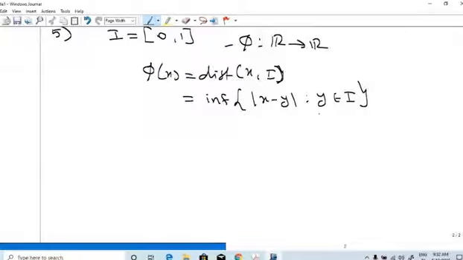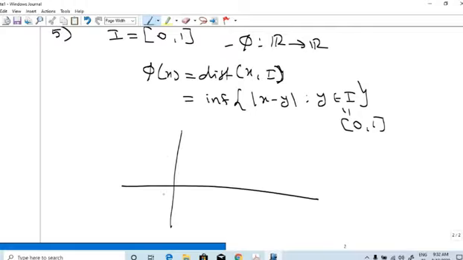So here y varies in the closed interval [0, 1]. Therefore it is an uncountable set, so there are uncountably many points there. If you draw the graph with this 0 and this 1, if you take y equal to 0, we get mod x. Therefore draw the mod x graph. So this is the mod x graph.